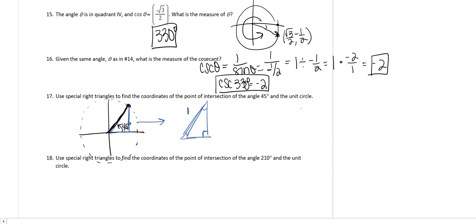When you did 45, 45, 90 triangles way back in like Math 2, we remembered, okay, I know that 45, 45 are x, x square roots of 2, x and x. So now that I know that this x square roots of 2 value is going to be 1, I can solve for those side lengths.